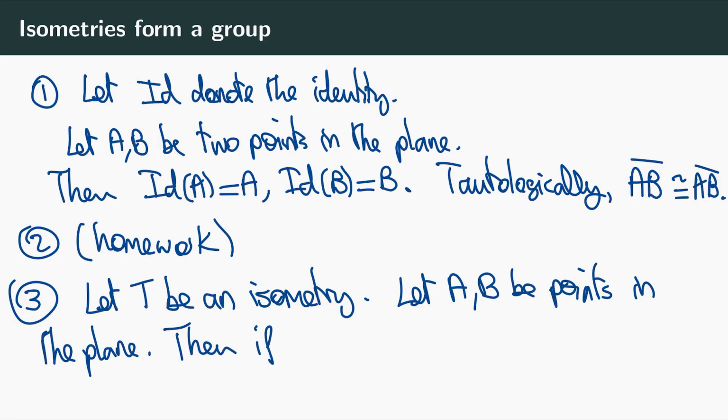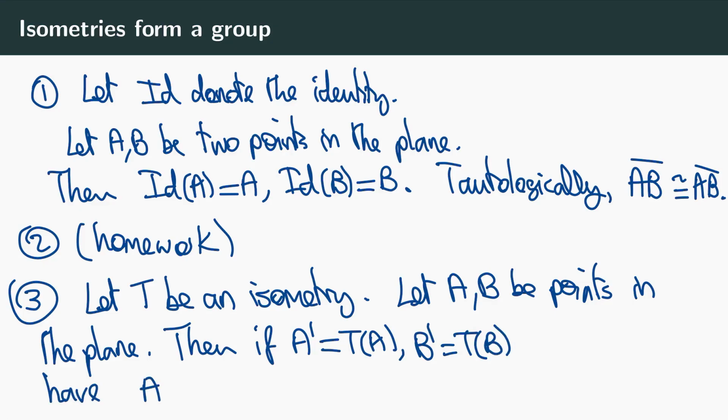Then if A prime is T of A, B prime is T of B, we have that A prime B prime as a segment is congruent to AB as a segment. Right, so that's the definition for T to be an isometry. This is true for any pair of points A and B in the plane.